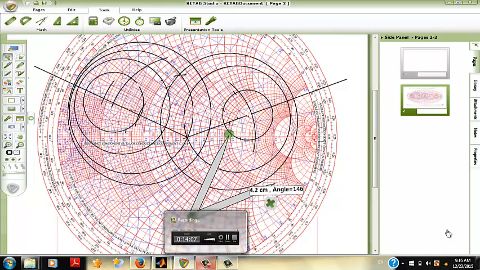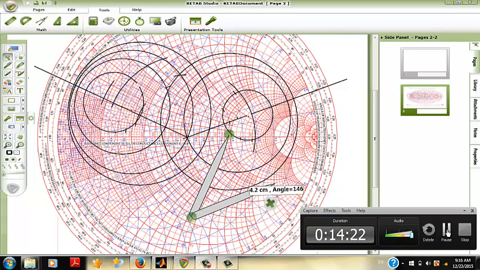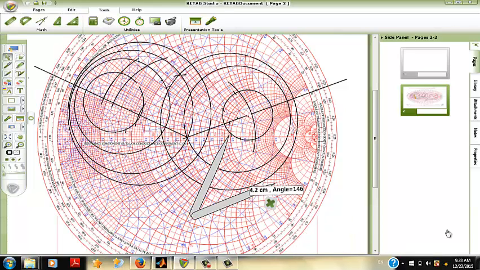Okay, now we will find the matching for the source and the load. To match the load impedance for the source, following this red circle to intersect the gain circle.